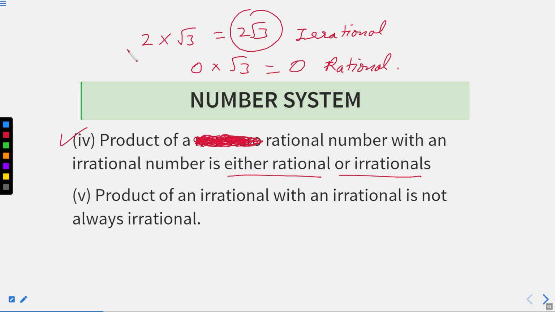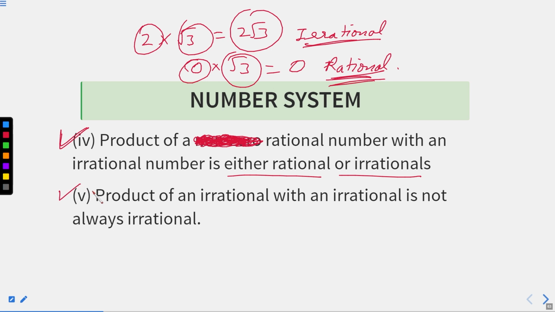In one case we are getting an irrational number, in the second case we are getting a rational number. So if we eliminate the non-zero rational numbers, we get the fourth point: the product of a rational with an irrational is either rational or irrational. Clear?